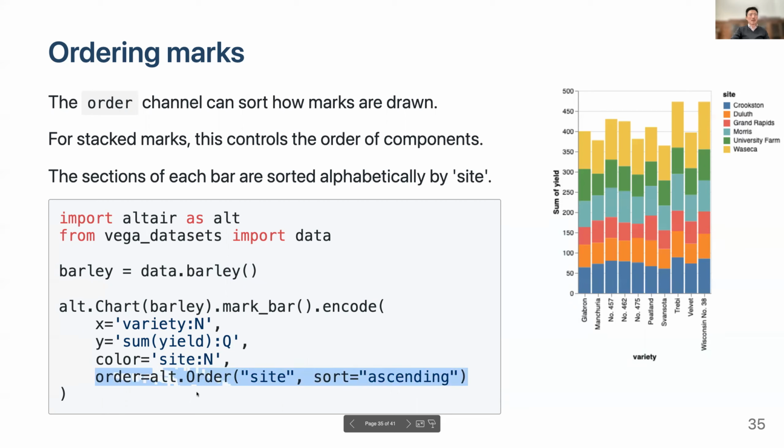Similar to the long form, you say alt.order, similar to alt.x or alt.color. We are mapping this to the site, so it's going to use the site order, and the sorting order would be ascending. You can see these are the sites in ascending order, starting alphabetically with C, D, G, M, U, and W. And this is also sorted here, C, D, G, M, W.